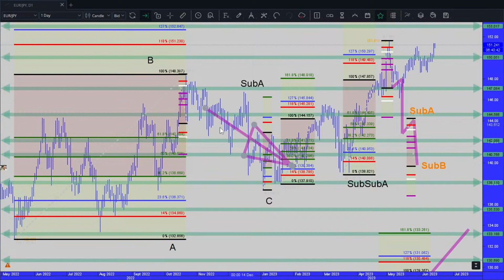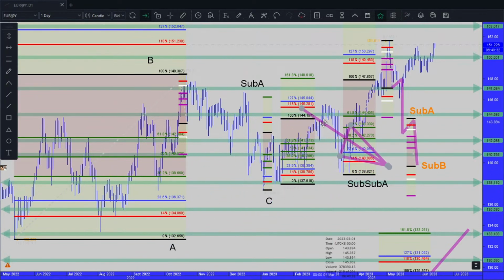Are there any differences? Same contrarian Fibonacci. Is there any difference between the sub A and the A? Confirmation Fib has a conformed C. C conformed. Exactly, very good everybody, that's it. Make sense? It's that simple.